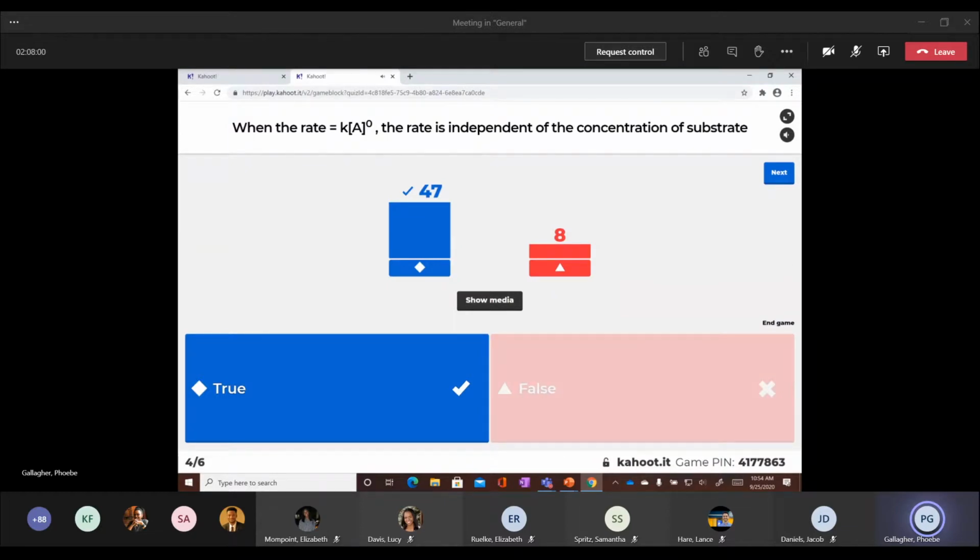Cool, yes. So this is a zero order reaction, so it is going to be independent of the concentration of the substrate.